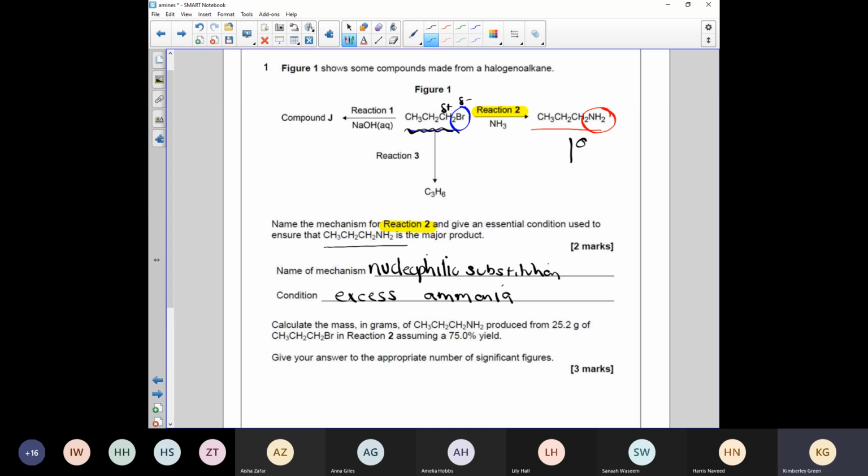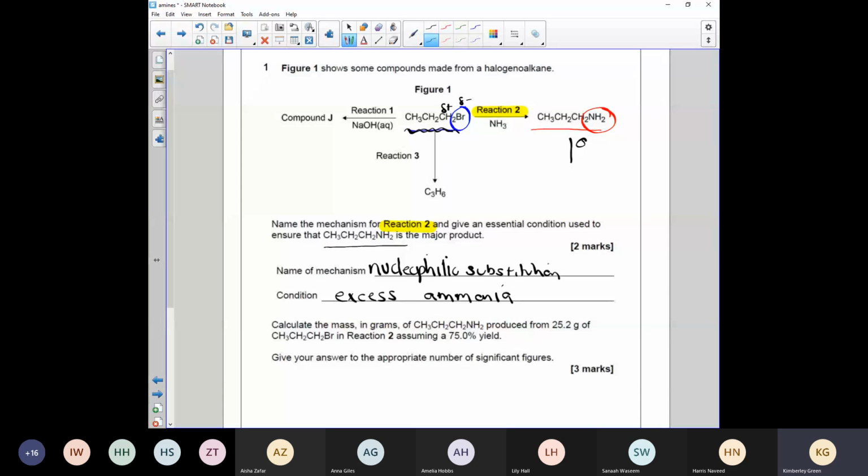If we had excess of our halogenoalkane, once that ammonia has actually been used up, your halogenoalkane will then go and find something else that has that lone pair, which would be the amine that you've made, and we'd get further substitution.